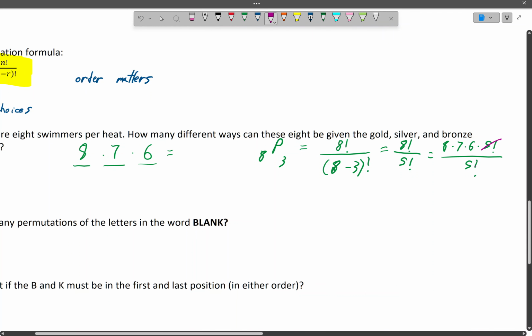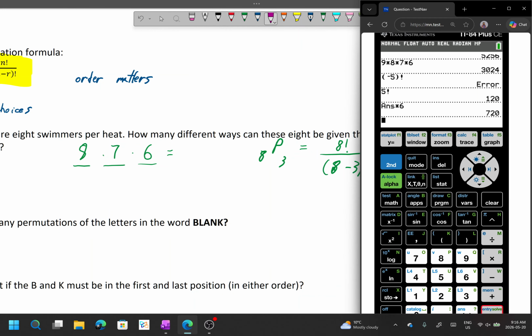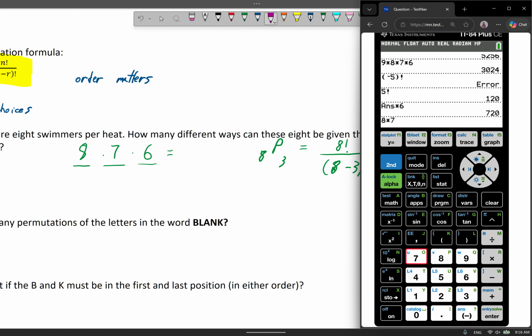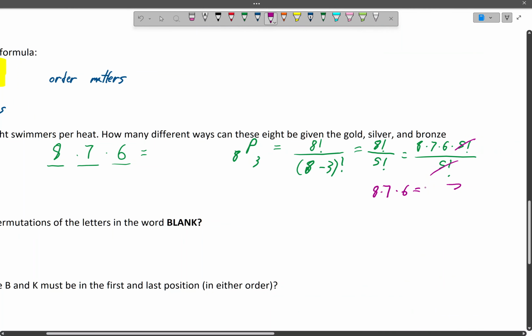Well, that means the 5 factorials can cancel. And would you look at that? It's back to the 8, 7, 6 value that we had before. So 336.